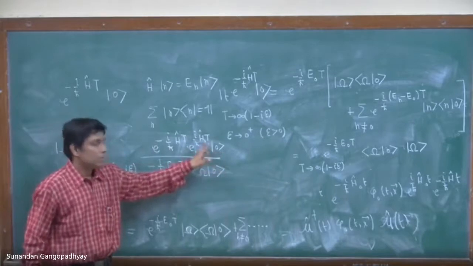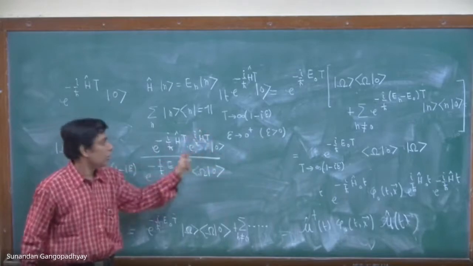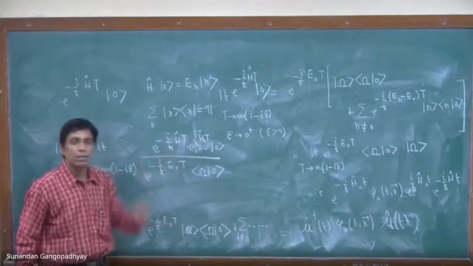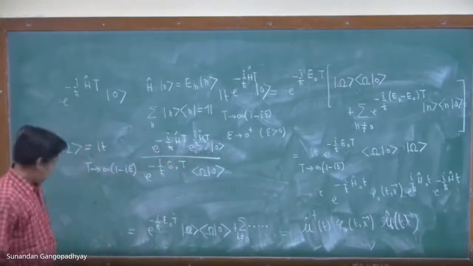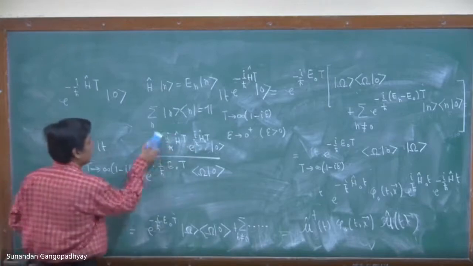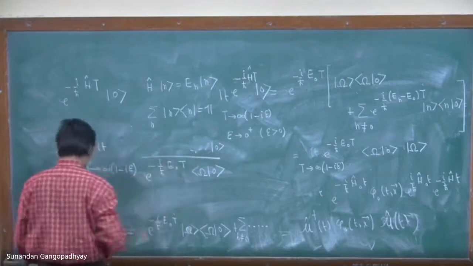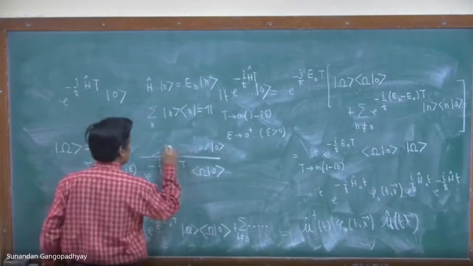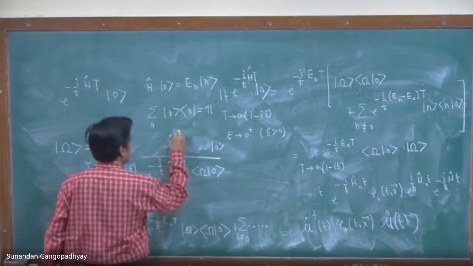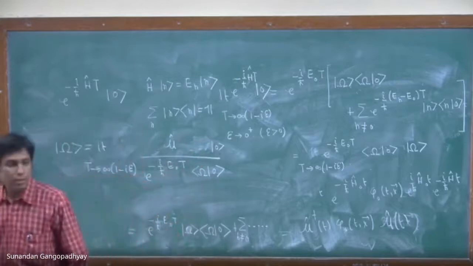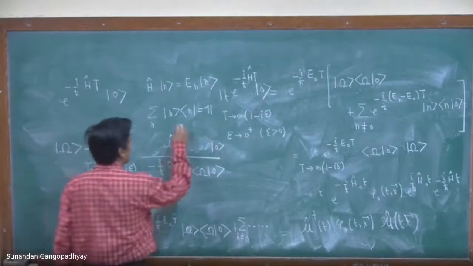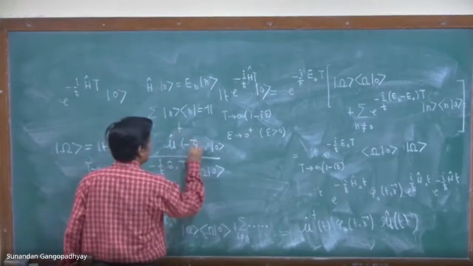Therefore this factor is 1, so you can always introduce it here. But what is this operator? This operator is nothing but Û dagger of minus t, if I am not mistaken.